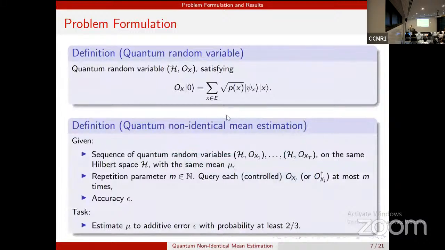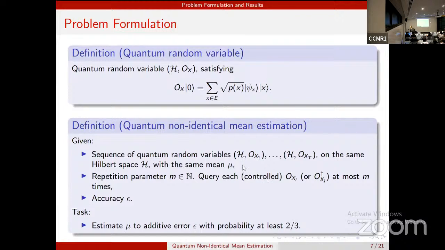Our quantum non-identical mean estimation problem is that, given a sequence of quantum random variables OX1 to OXT, they have the same mean mu. And we are given another parameter, the repetition parameter M. It means that for each of those different quantum random variables, we can query them, for example a query to some OXi, regular or a controlled version of it, at most M times.